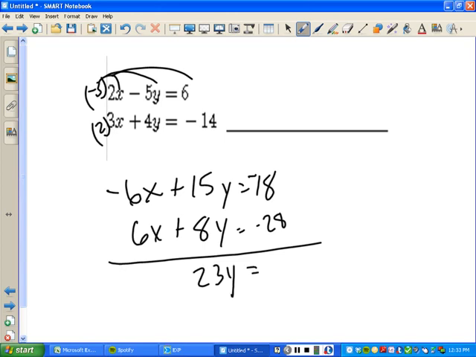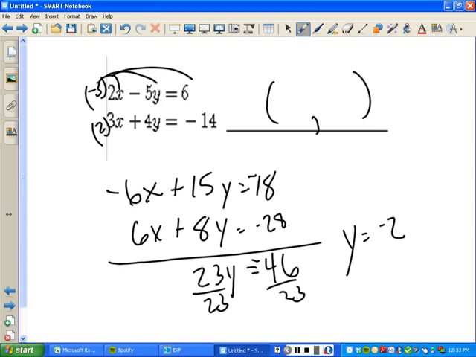23y equals negative 46. Divide by 23, divide by 23. Y equals negative 2. We straight? All right, if y is negative 2, what's x?